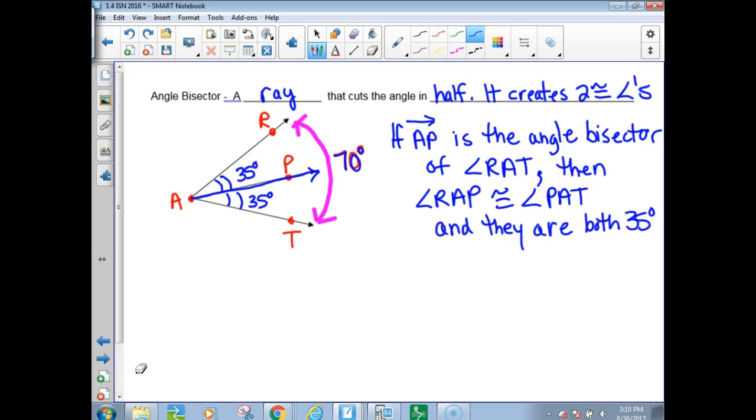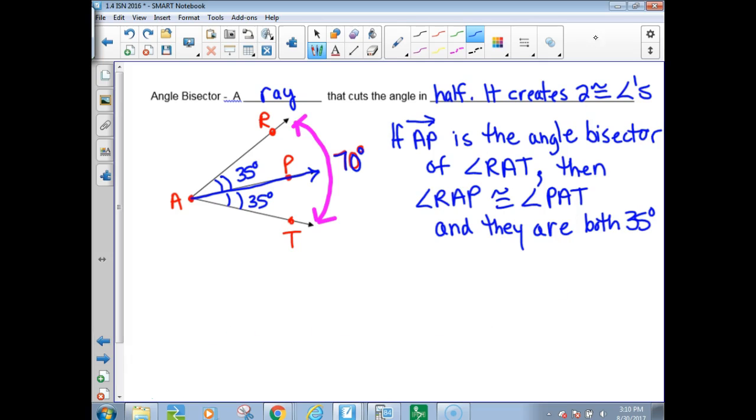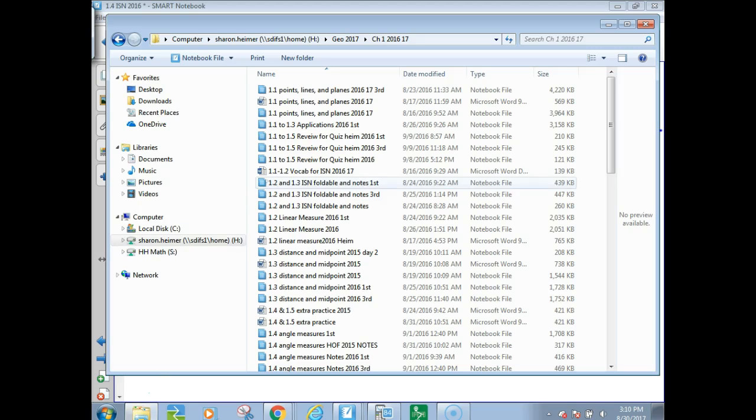Okay? All right, that's all we're going to do on this today. We'll come to this part on Friday. So let's pop over to our 1-1 to 1-3 applications, please.